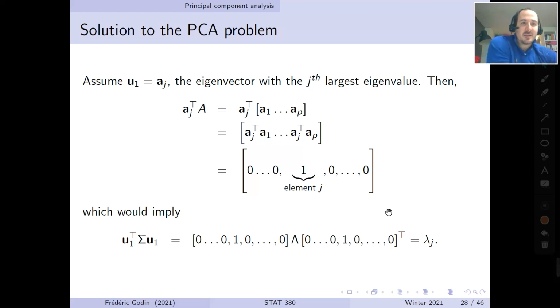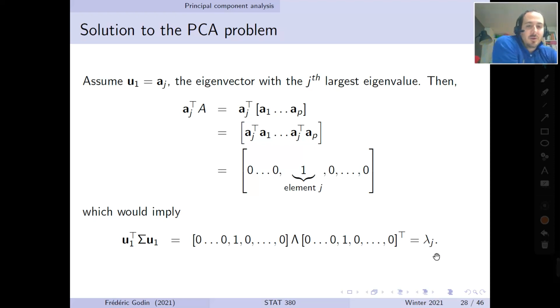And this gives us the solution because we want to find the eigenvector which maximizes this expression. So this expression is equal to lambda j. We want to find the eigenvector j which maximizes lambda j. Okay, so which j does maximize this? Well, j equal to 1, which is the largest eigenvalue.